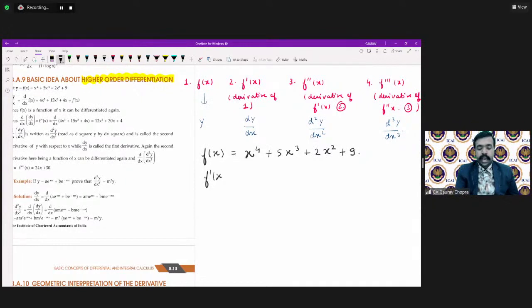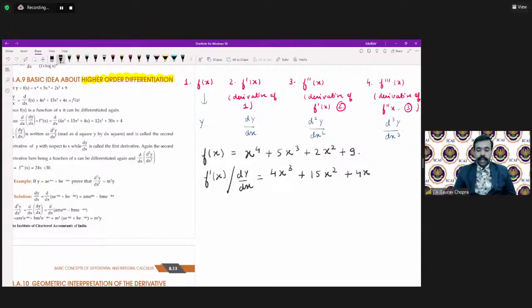So we are writing f dash x, also it can be written as dy by dx. It is equal to, very simple, we already know this, 4x cube plus 15x square plus 4x, and for 9 it becomes 0. All right, this is f dash x.